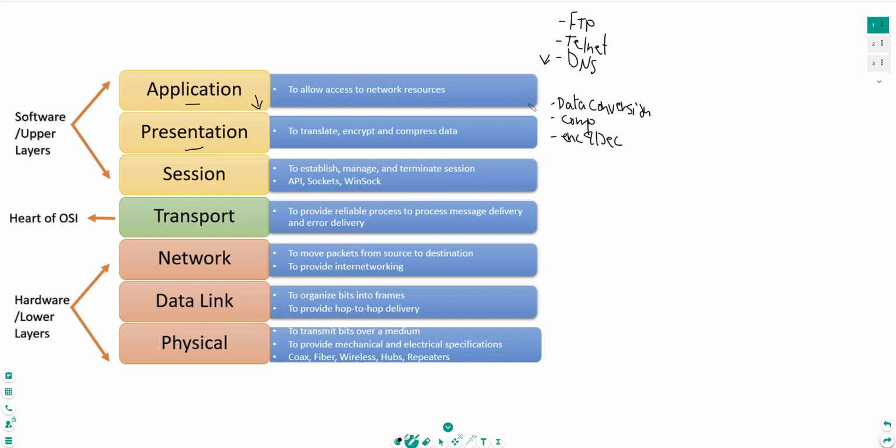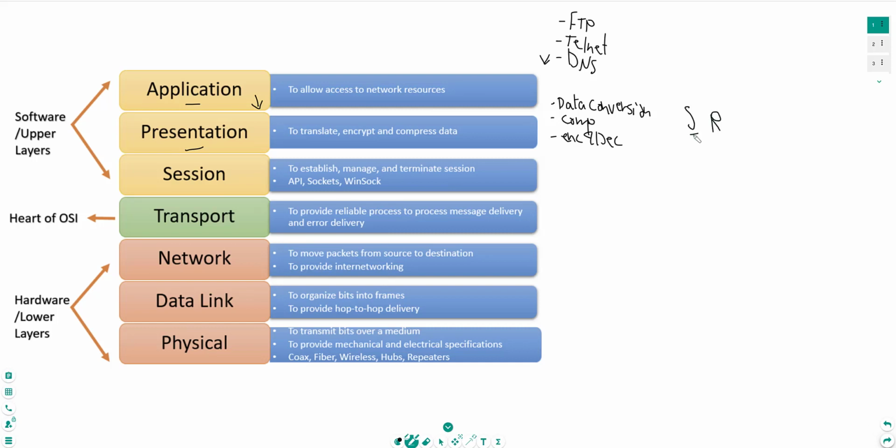These three functions happen at the presentation layer. When you're communicating between two different hosts, client and server, you would have a sender and receiver for sure.